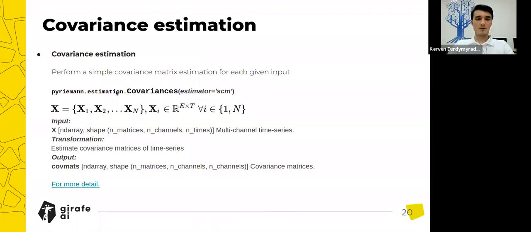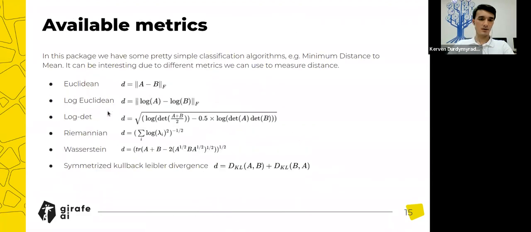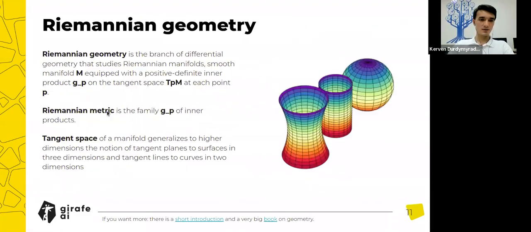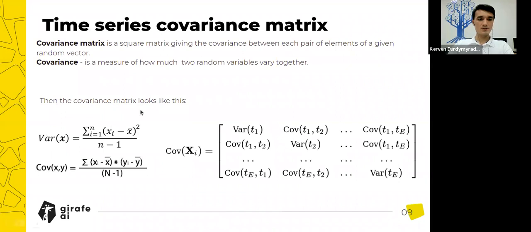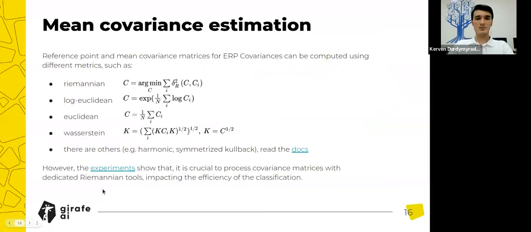We have our data X with n epochs, x1, x2, and xn, and for each epoch we find the simple covariance by using these formulas.